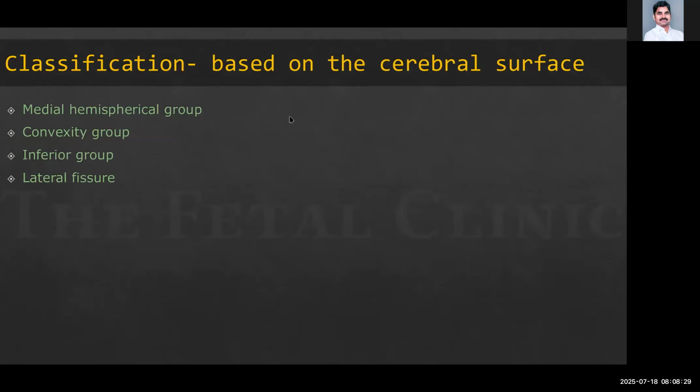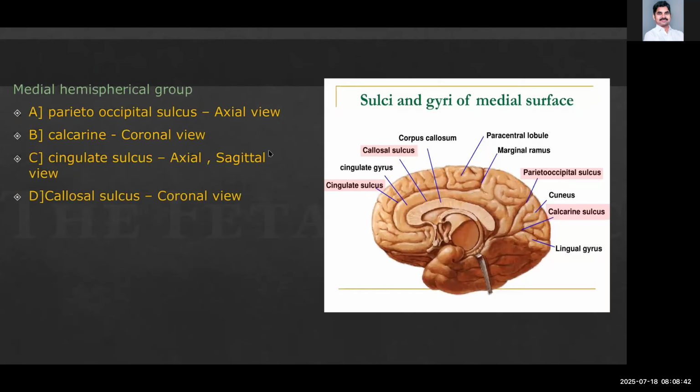The sulci can be grouped according to their anatomical location on the cerebral surface. They can be grouped as median hemispherical group, convexity group, inferior group, and lateral fissure. The sulci oriented on the medial surface are the parieto-occipital sulcus, calcarine sulcus, callosal sulcus, and the cingulate sulcus.